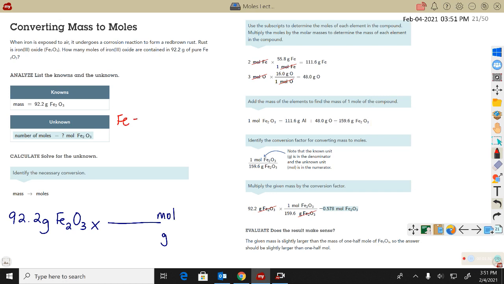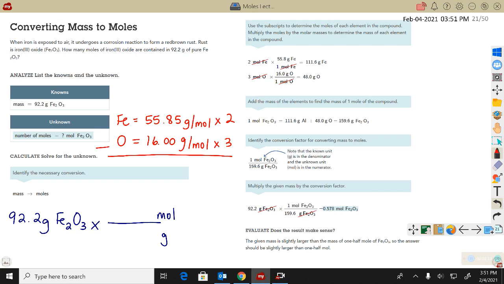So I'm thinking in my head, iron is 55.85 grams per mole. And there will be 2 moles of iron atoms for every mole of iron oxide molecules. And oxygen's mass is about 16 grams per mole. And there will be 3 moles of oxygen atoms for every 1 mole of iron oxide.